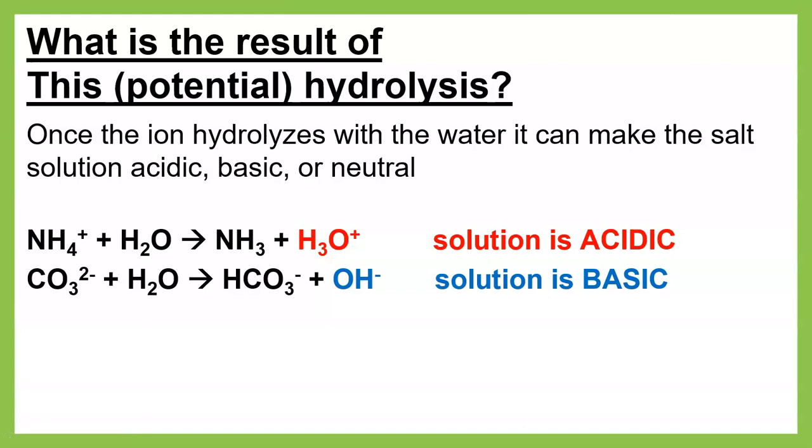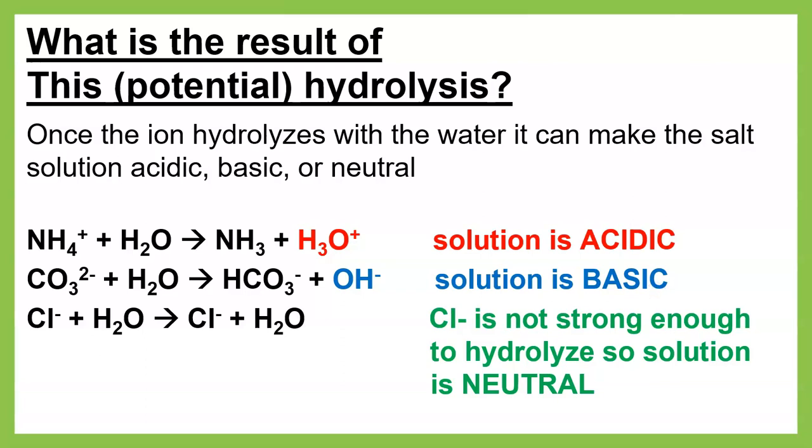And there's a third option. The third option is it's not going to hydrolyze. Nothing happens. And if there's no exchange of those protons occurring, we're not going to end up with a change in our pH, are we? So we'll end up with just a neutral solution.